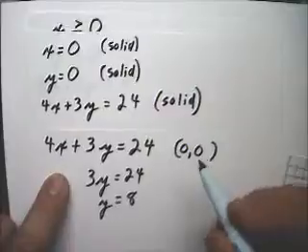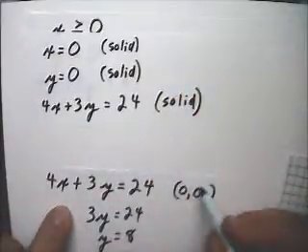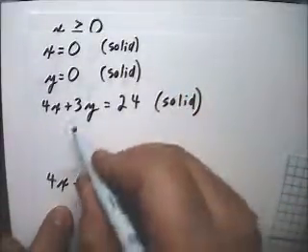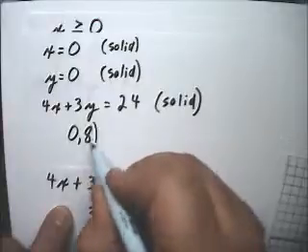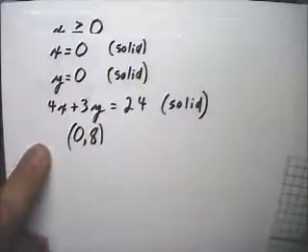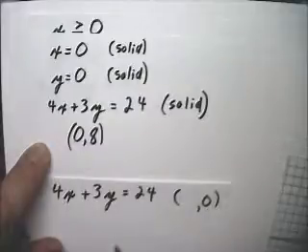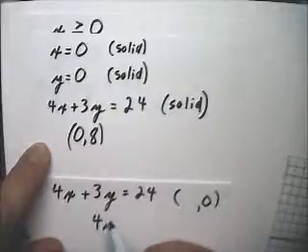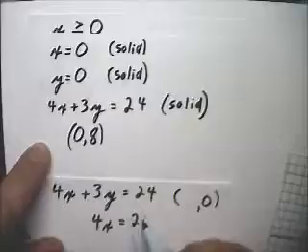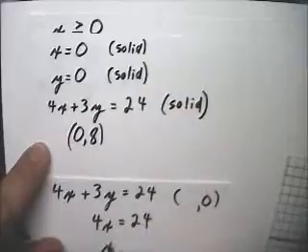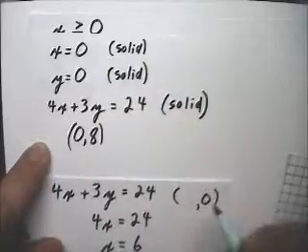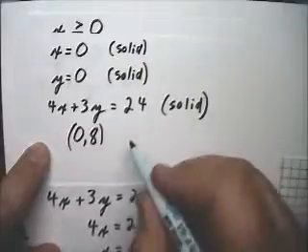So I've got the point (0, 8). And I also thought I'd let y be 0. If I let y be 0, I end up with 4x equals 24, or x equals 6. So I have the point (6, 0).